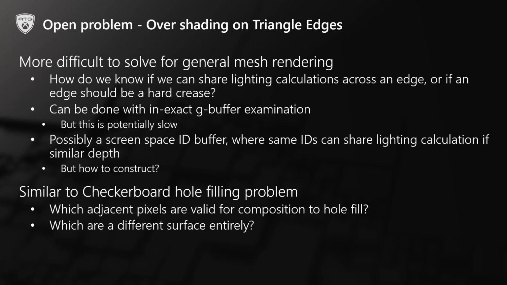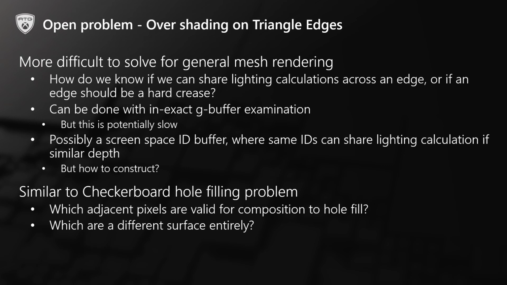So to speed this up, I would suggest some kind of ID buffer where we have bits for whether this is terrain and can share lighting calculations, whether it's skin and it can share lighting calculations, whether it's some other surface that can share lighting calculations.